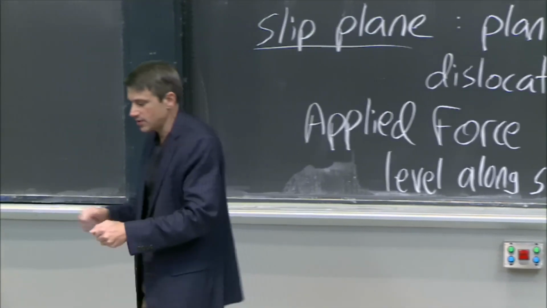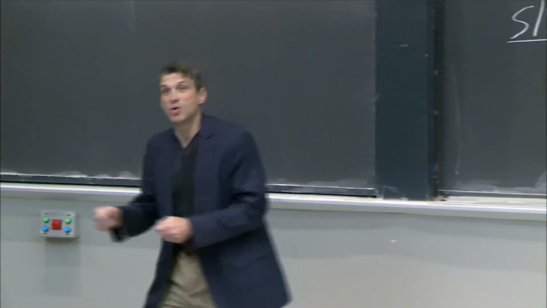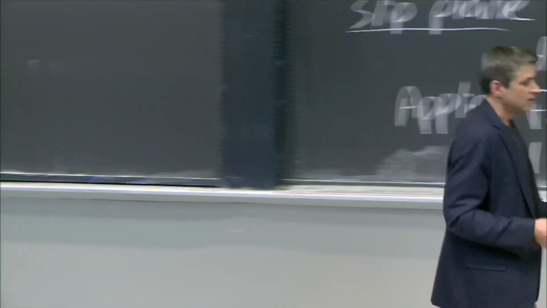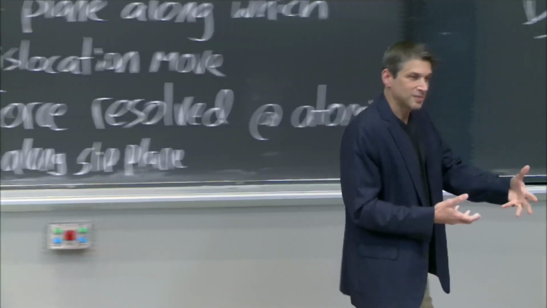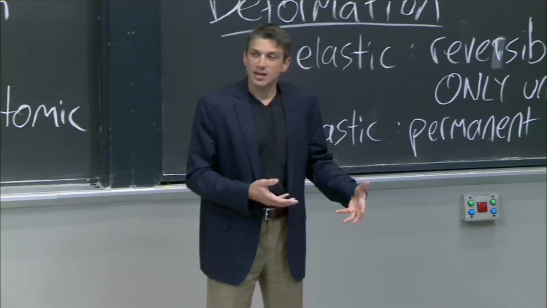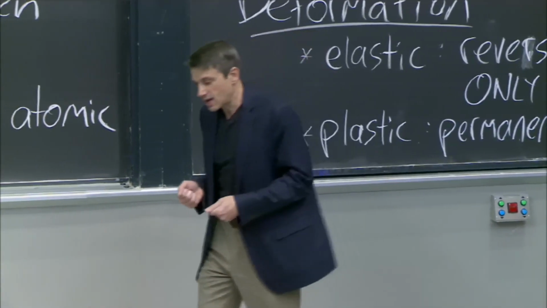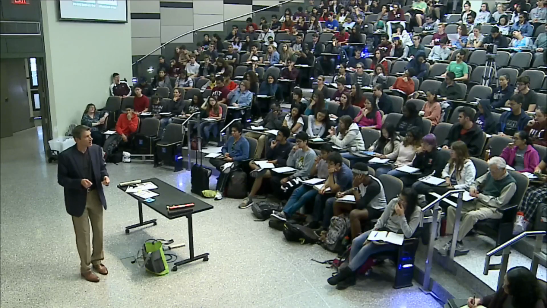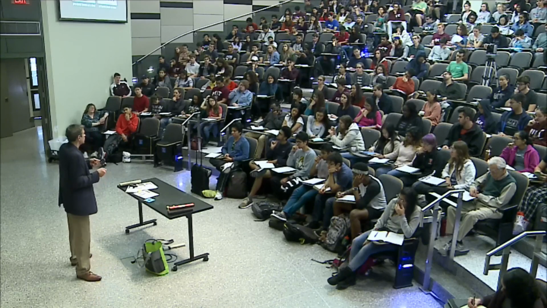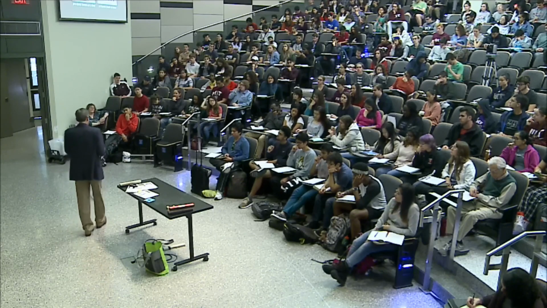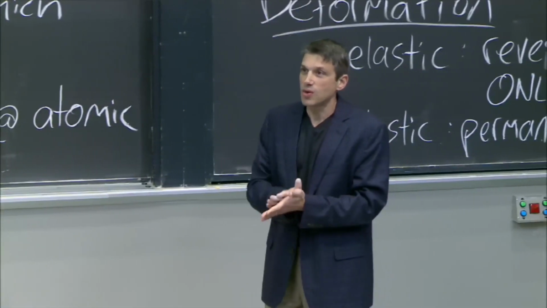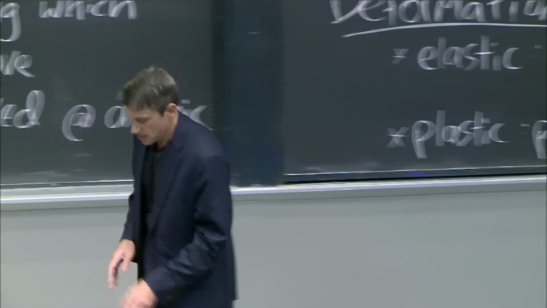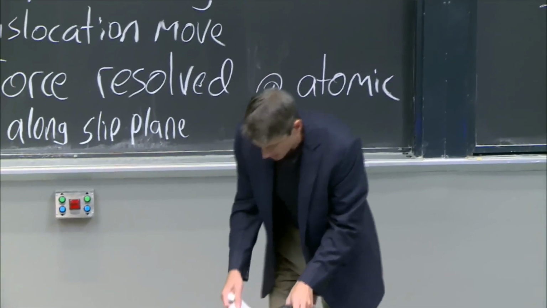Well, it kind of curls up. It doesn't do too much. It doesn't move, right? But if I really want to try to resolve force, I've got to move those atoms, right? But if I push on a stick and not a rope, then the stick just all moves, right? So the plane that is going to move across another plane is going to be the most dense, the closest packed.